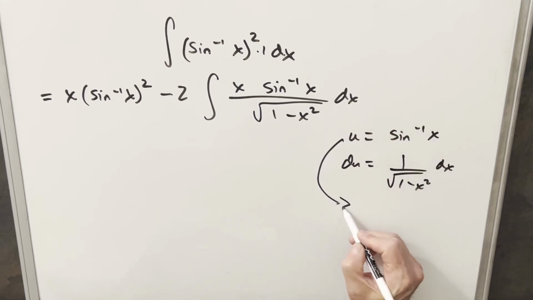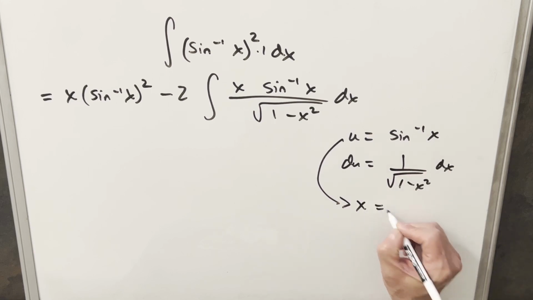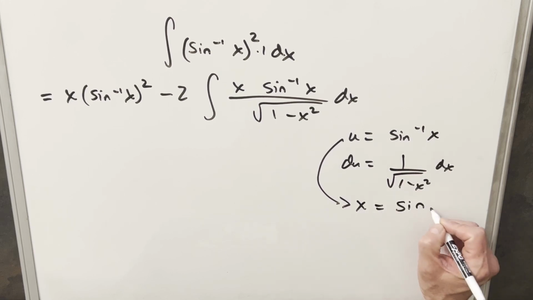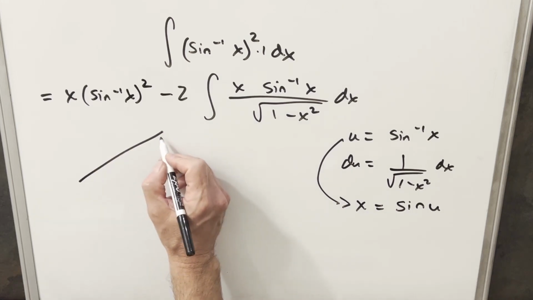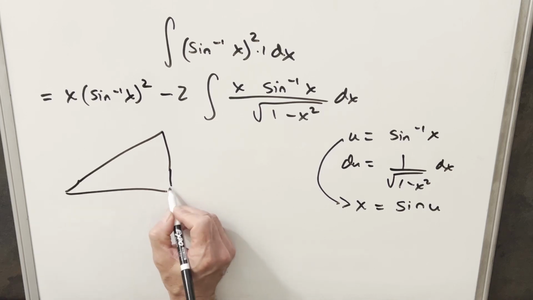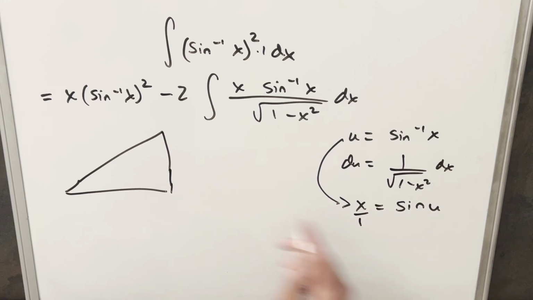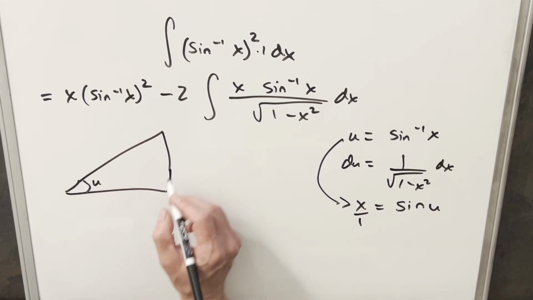Now I can find my value for x. Using the property of the inverse, x is going to be equal to sine of u. Then I'm going to draw a triangle, because I want a value for cosine of u, since I know I'm going to need it later. If sine u equals x, we can write this as x over 1, so our angle is u.